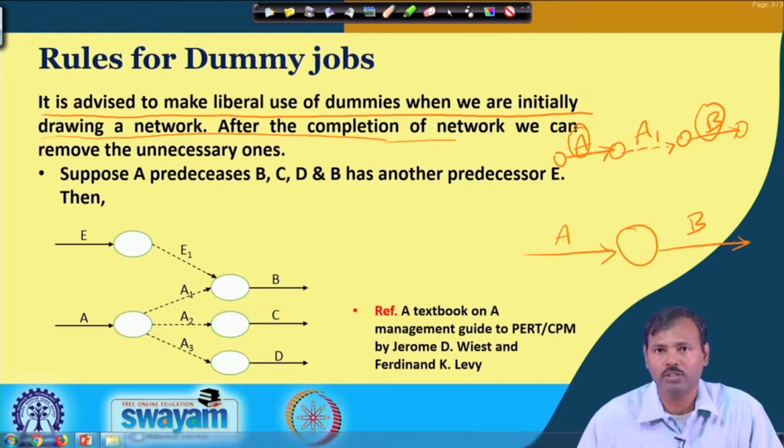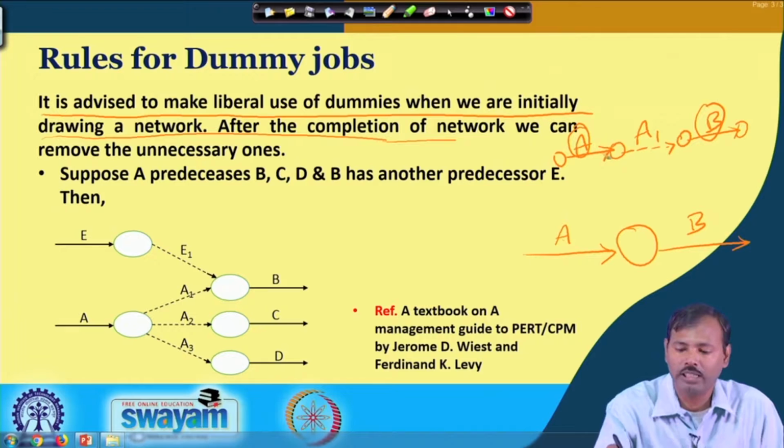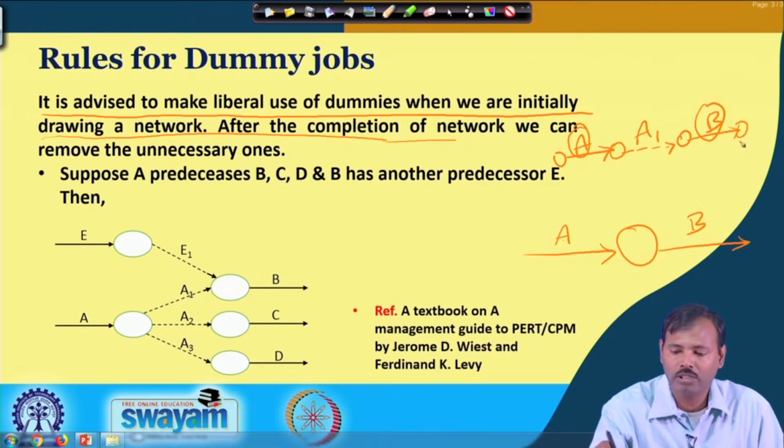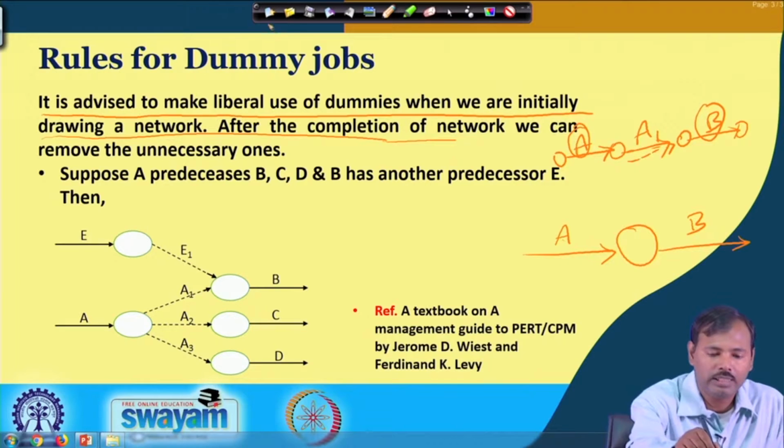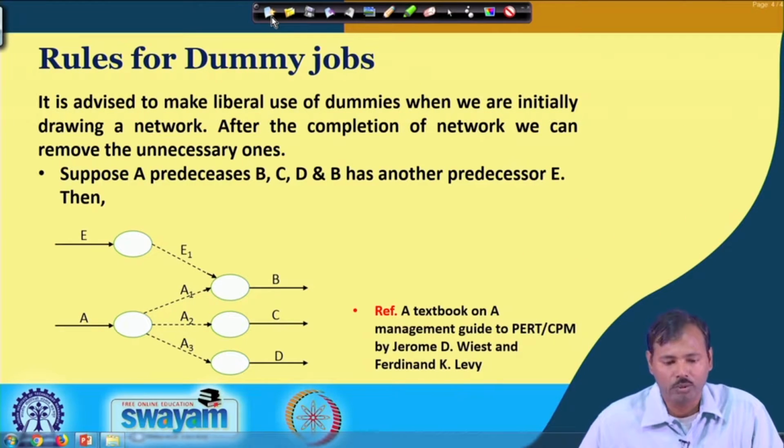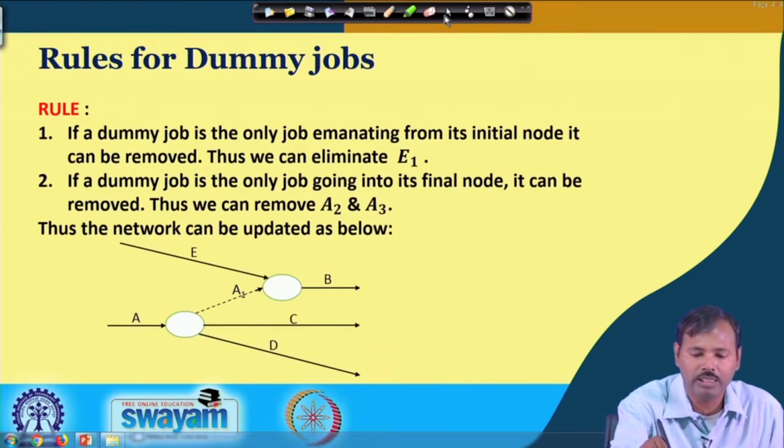So initially A is here, B is another one, connected by a dummy job. In this wholesome way we provide dummy jobs by placing them on every actual job individually and connecting them, and later on we remove those dummy jobs, because more dummy jobs than necessary are assigned in the network.